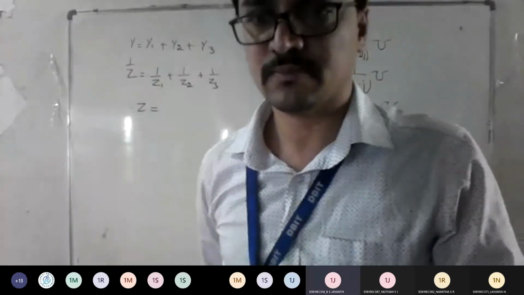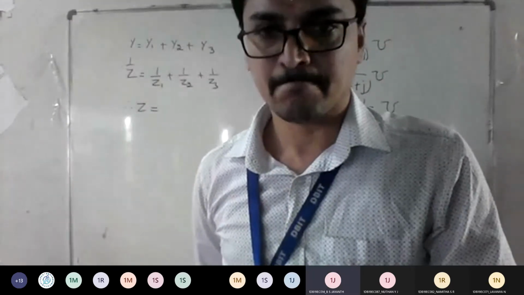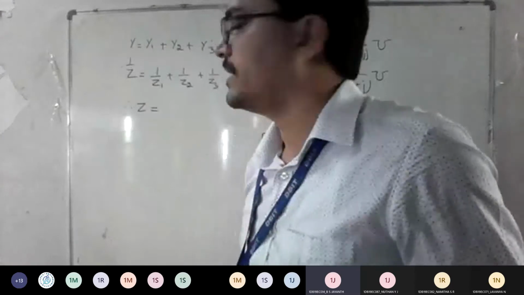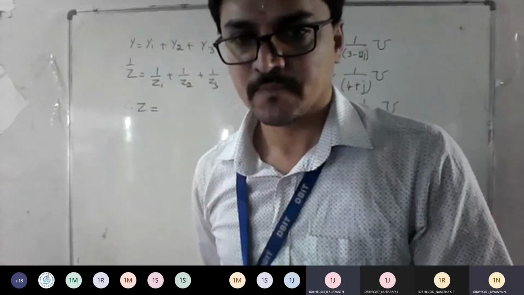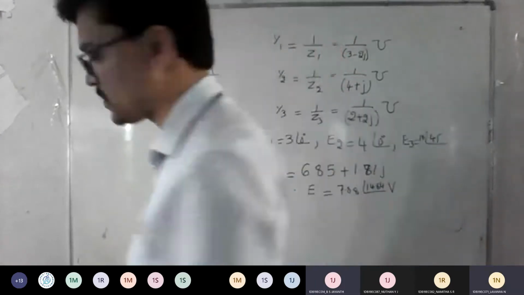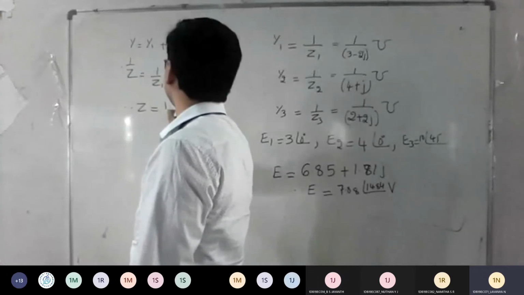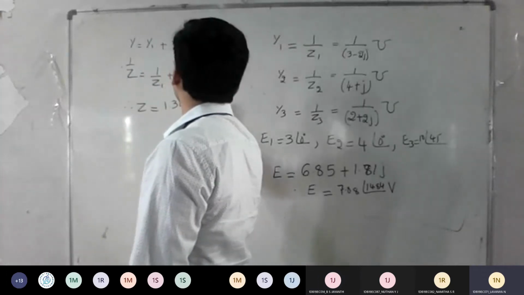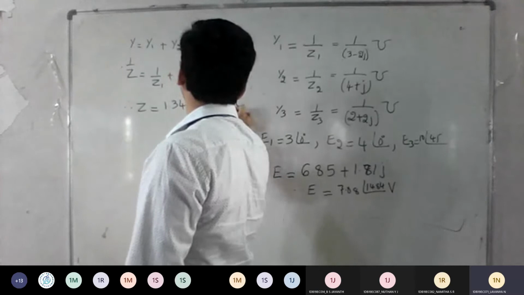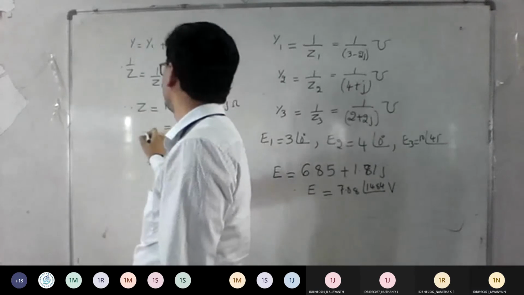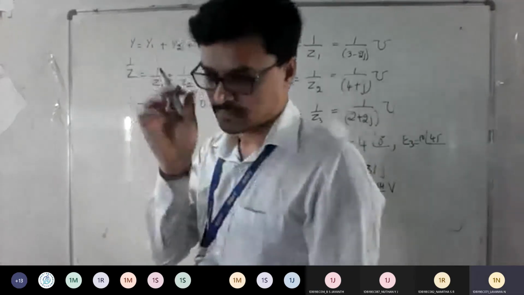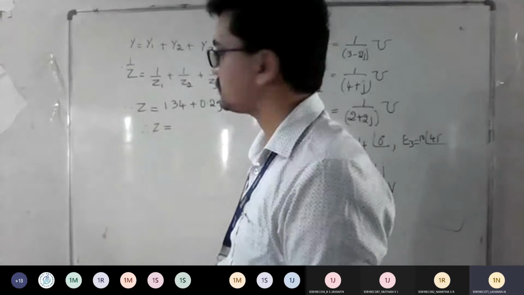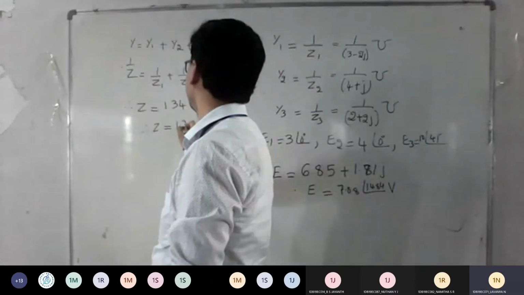What your friend told, yes, sir, it's right. Just check out the equivalent impedance now. Sir, it's 1.34 plus 0.293j. Okay, good. In polar form, 1.37 at an angle of 12.315.